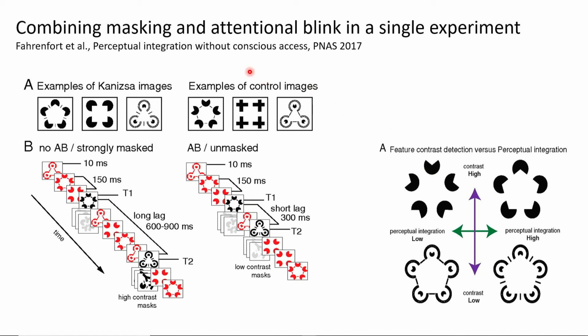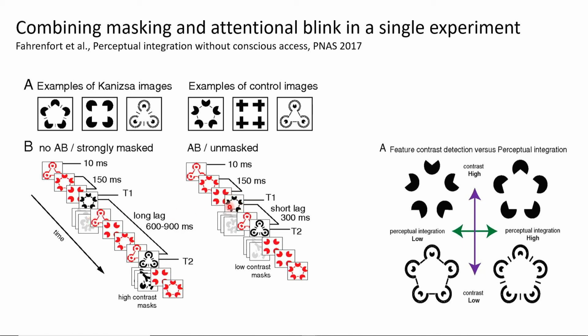This is a particularly nice experiment where a visibility manipulation, like masking, was combined with an attentional manipulation, like attentional blink, in a single experiment. They had these Kanizsa images, which we have shown to also involve recurrent interactions between visual cortex. But these were made invisible either by masking, so there's a stimulus and then a mask, or by attentional blink.